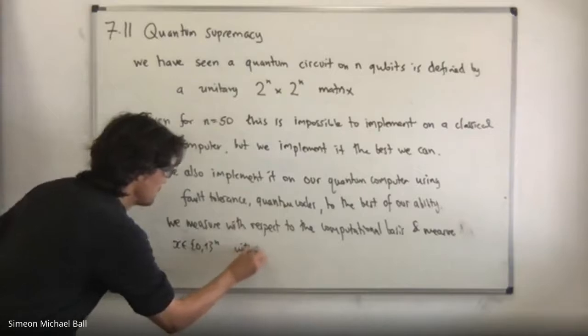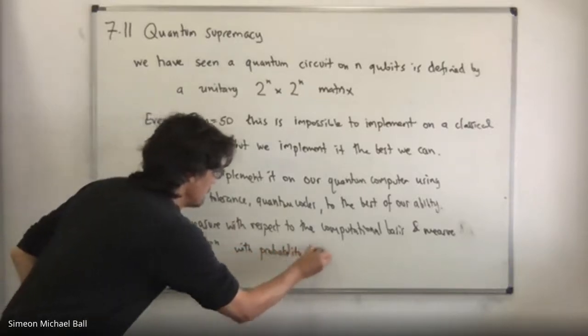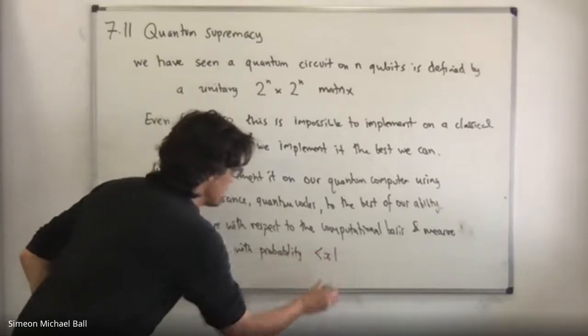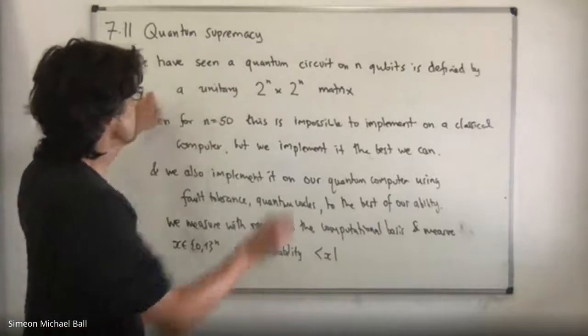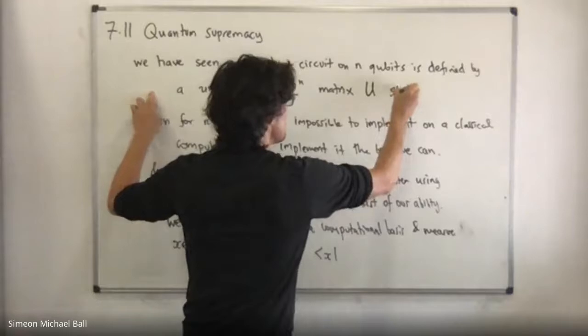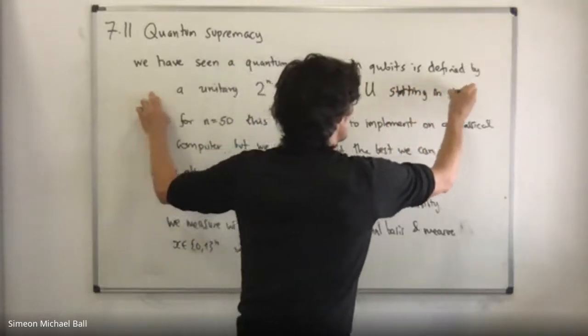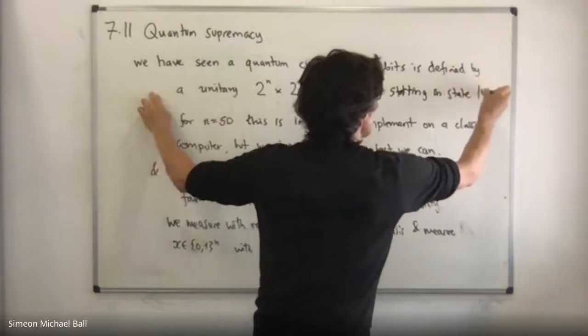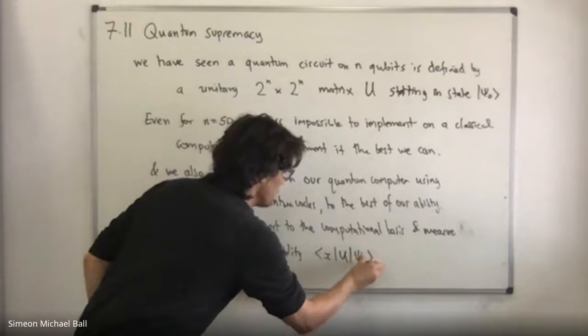It was defined on a unitary matrix U starting in state, let's say, 0. So we implement it to 0, so this will be U applied to 0.